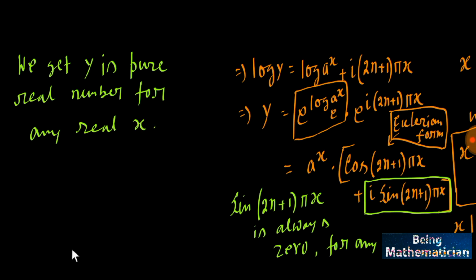So it is clear that the points on this function can never be plotted in the real Cartesian coordinate system. It should be plotted in the Argand plane. I hope you have completely understood why in f(x) equal to a to the power x, a is always greater than 1 and a can never be negative.